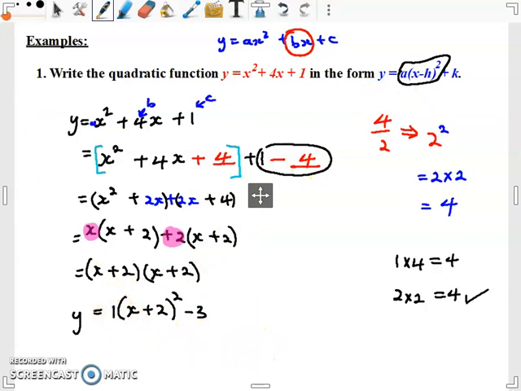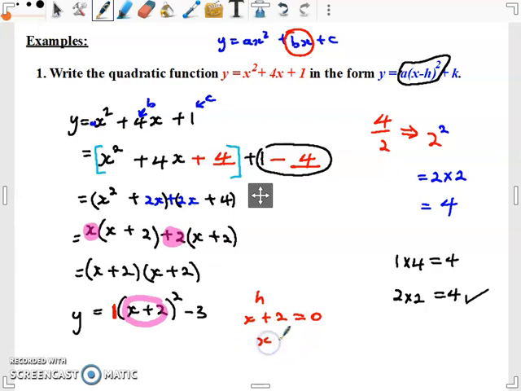Let me put that in red because you don't always see it, but there's an invisible 1 right there. a would be 1. And h in this case, when you say x plus 2 or x plus h, is actually equal to 0. So we're finding h right here now. We say x plus 2 is equal to 0.